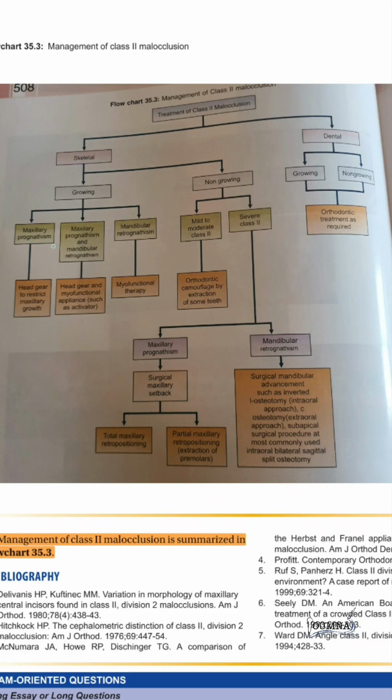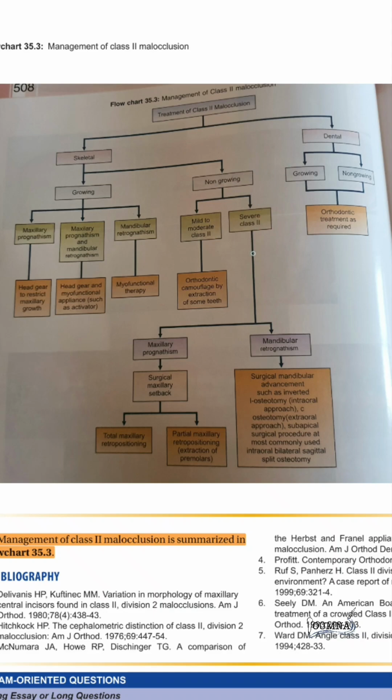And if we have maxillary prognathism, we use the headgear to restrict the maxillary growth. And if we have both of them, we use a combination between the headgear and the myofunctional appliances like the activator.